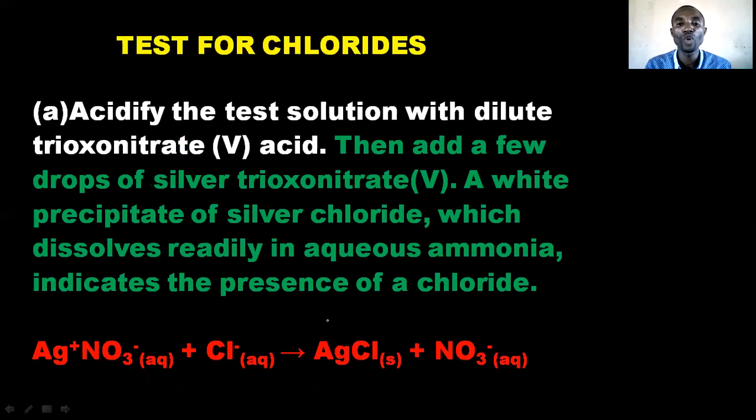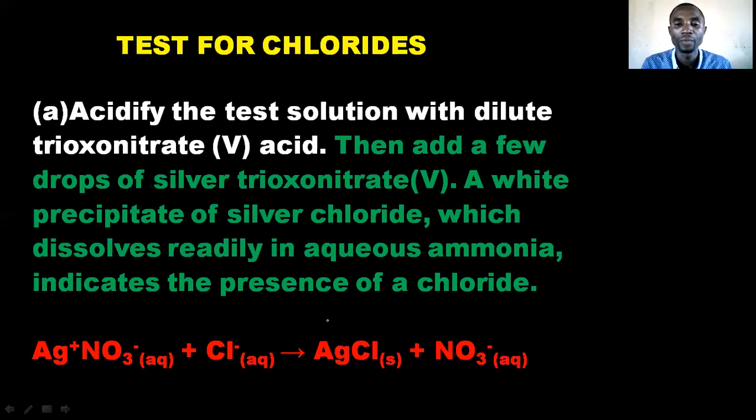How can we test for chloride? How can you test it in the lab? Number 1, acidify the test solution with dilute trioxonitrate 5 acid, or you call it nitric acid.